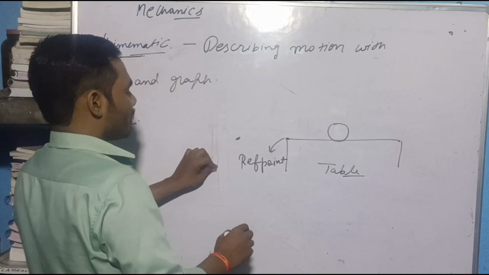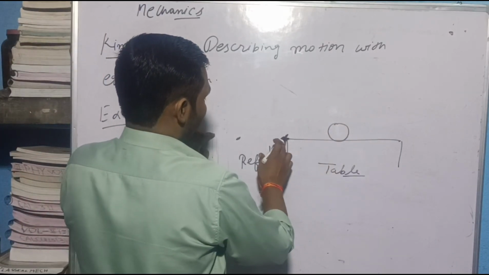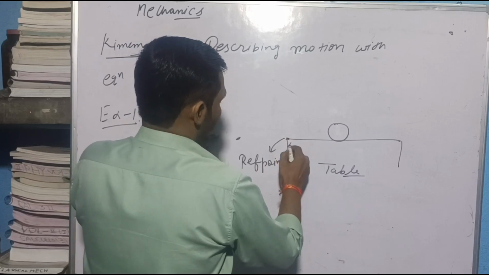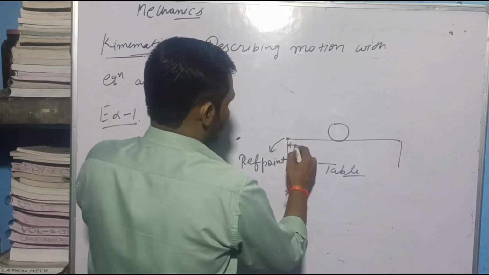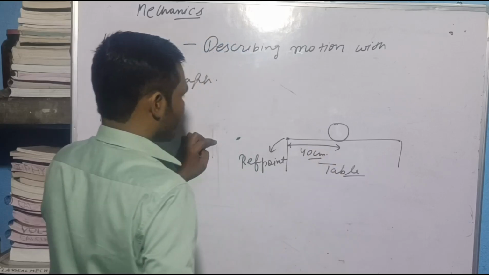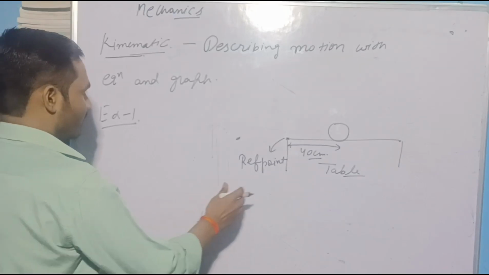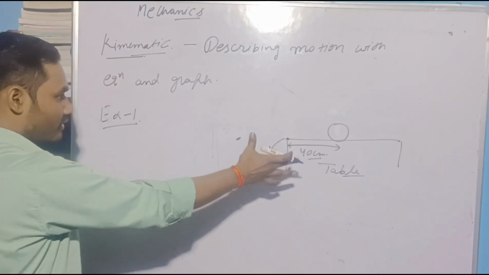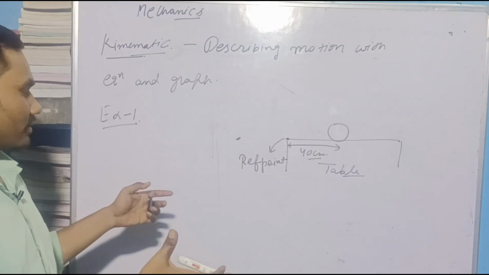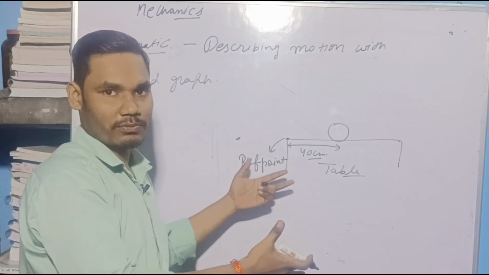So the position of this ball from this point, for example, is 40 centimeter. Okay, so now this is the situation of this ball.